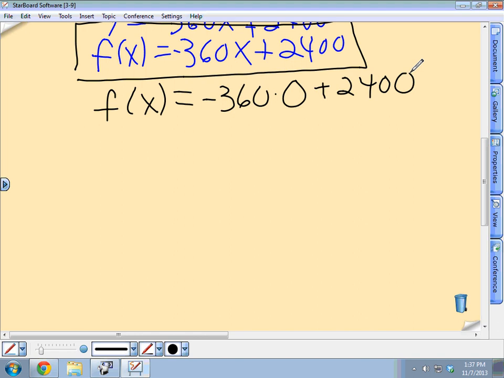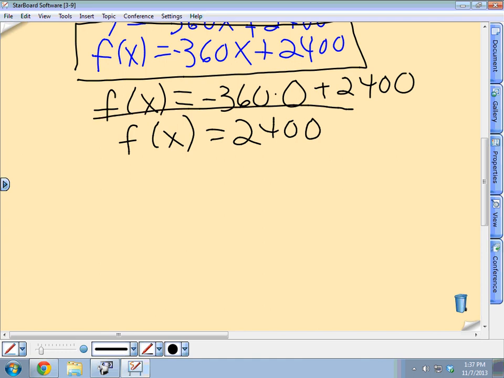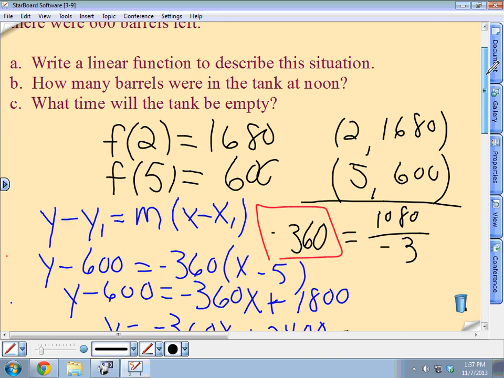The 0 cancels out, so it equals 2,400. This is how many barrels I had at noon. So once you have this equation, now it's just plugging in a number and doing some math.